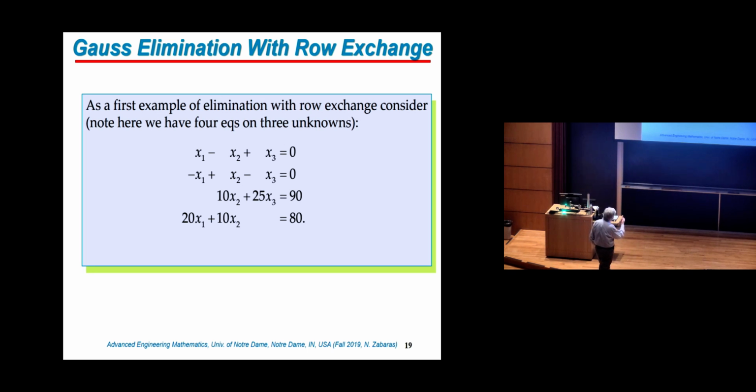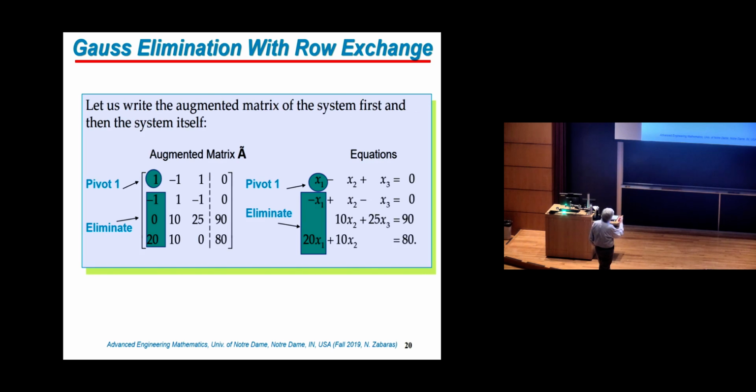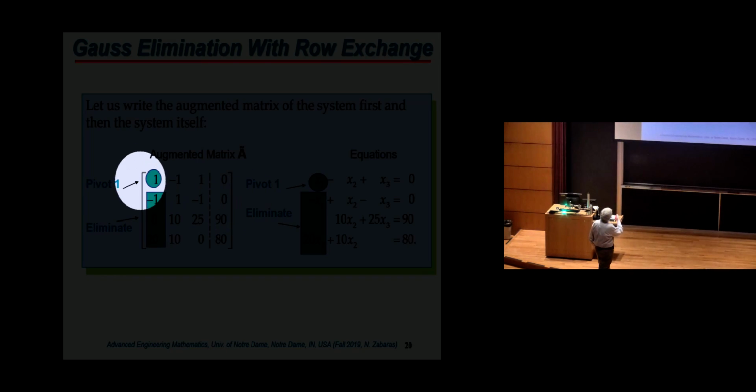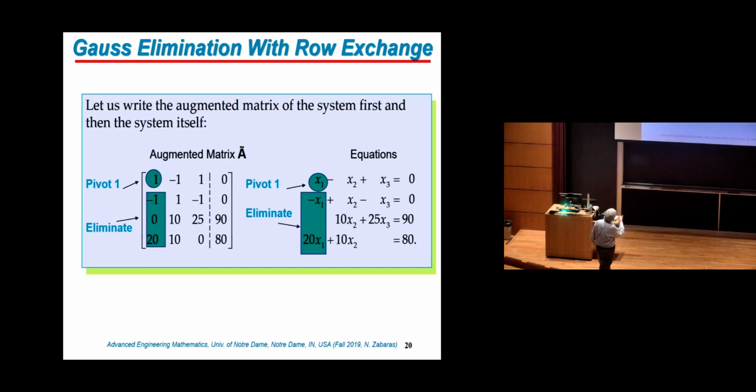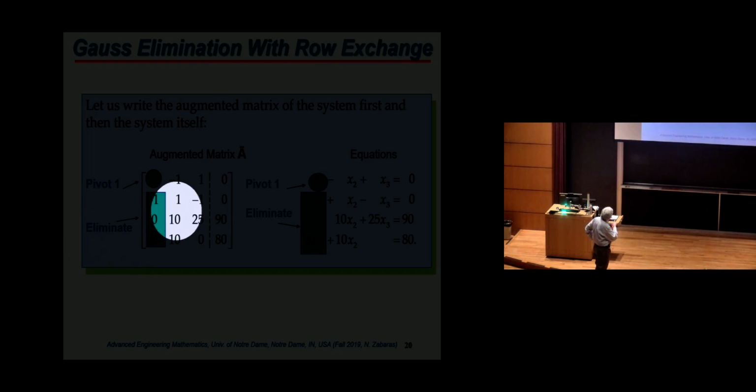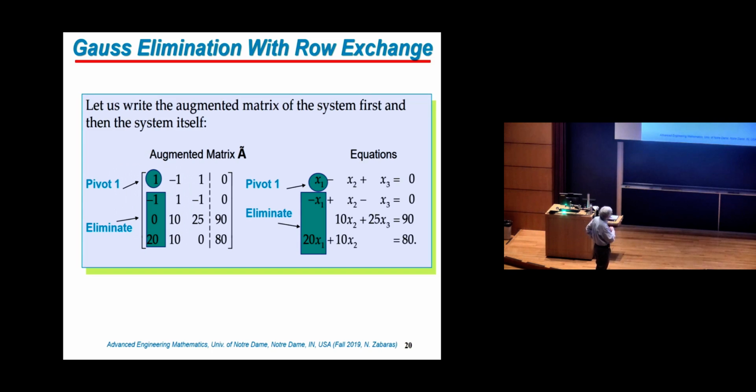So we're going to do elimination. This is my first pivot element, 1, so we're going to get rid of that -1 and get rid of 20. Can you tell me the two multipliers to get rid of those two things? For row 2, what multiplier do I need? I'm going to subtract from row 2, row 1.